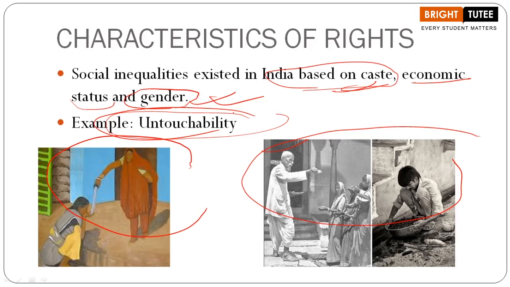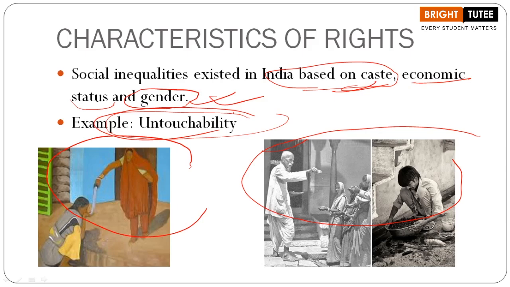Correct or not, students? So here you have to understand these points, the characteristics of rights that we have learned till now. In India, it has been ensured that, after independence, when the constitution was made, citizens enjoy the privileges offered by the state on a uniform basis. What does this uniform basis mean? It means that everyone should enjoy these privileges, these rights, equally, in uniformity.